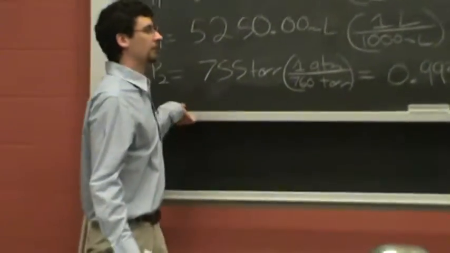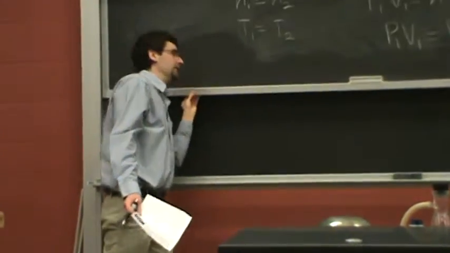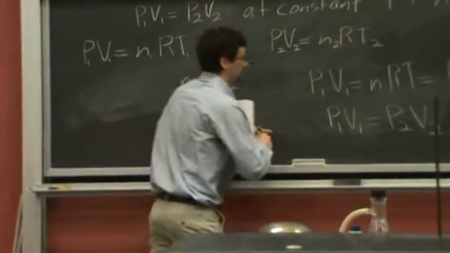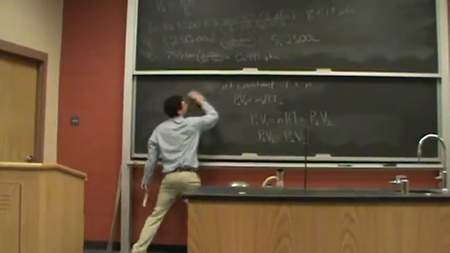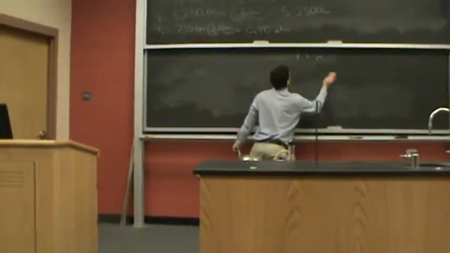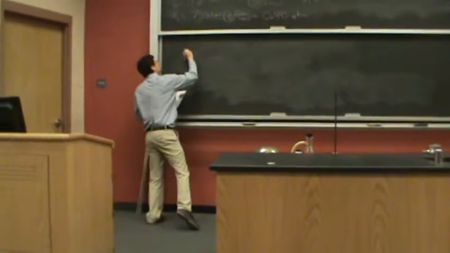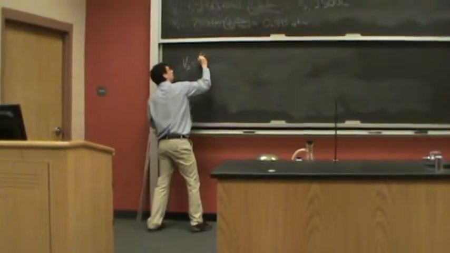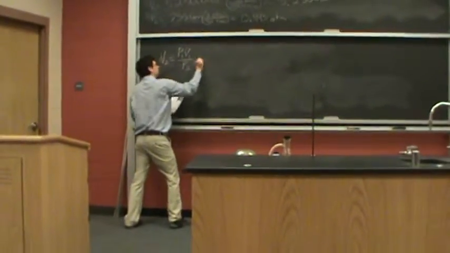Okay. Now all we have to do is plug and chug and compare the volume that we calculate to the actual volume of the room. All right, so V2 is equal to P1, V1 over P2.